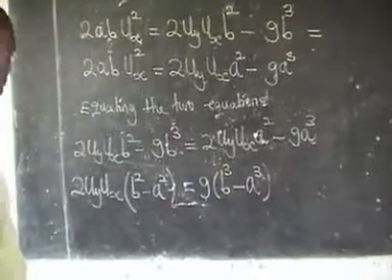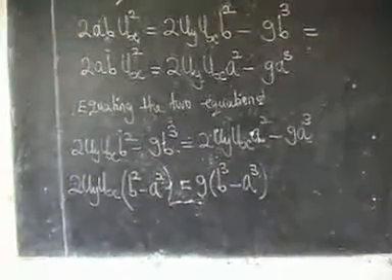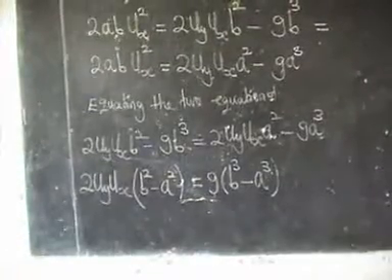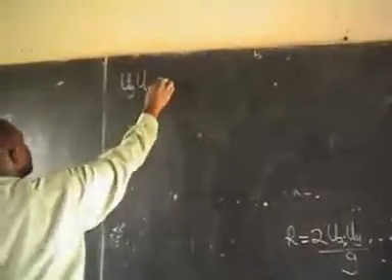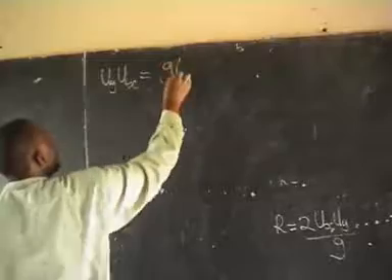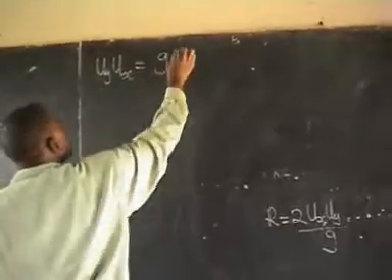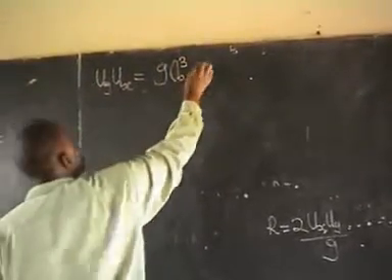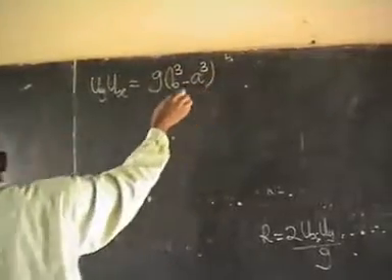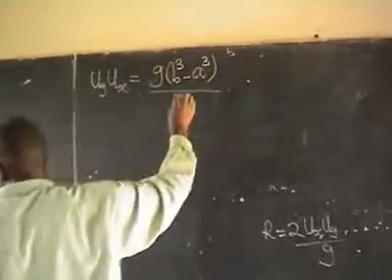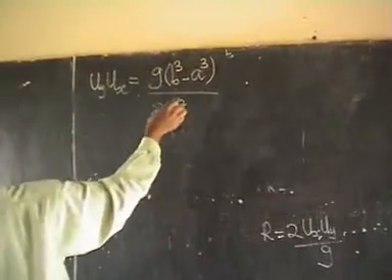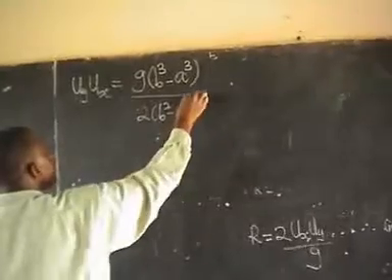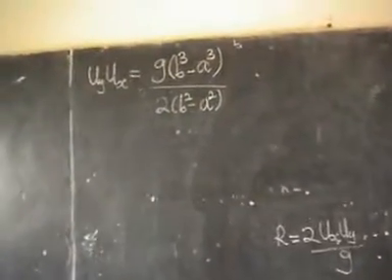So our uy ux is equal to g bracket b cubed minus a cubed divided by 2 bracket b squared minus a squared.